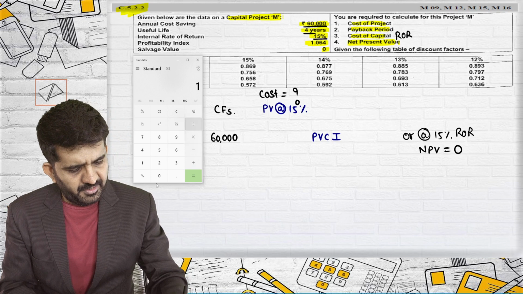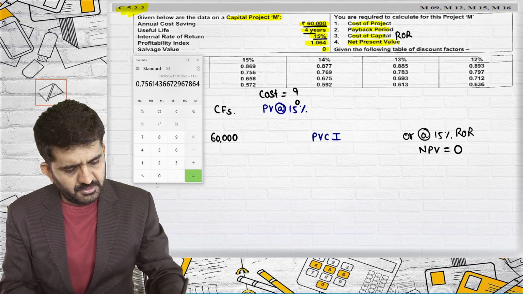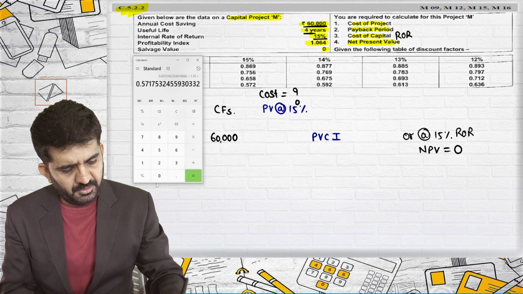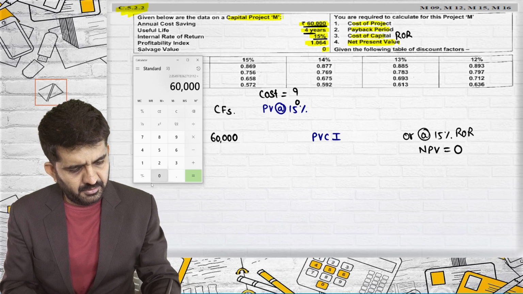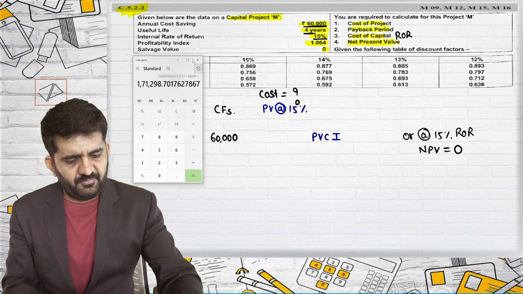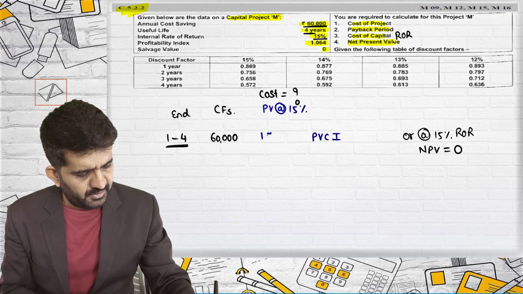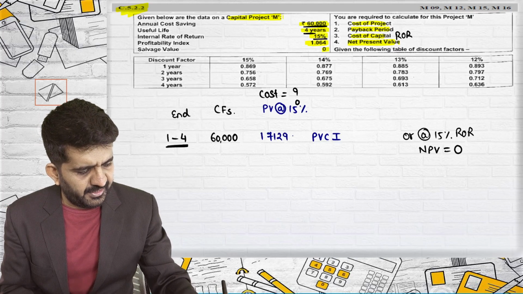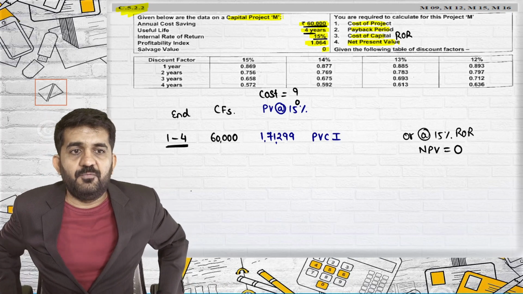So it is 1 divided by 1.15, plus 2, 3, 4, multiplied by 60,000, which is 171,299. 171,299 is nothing but the present value of cash inflow.